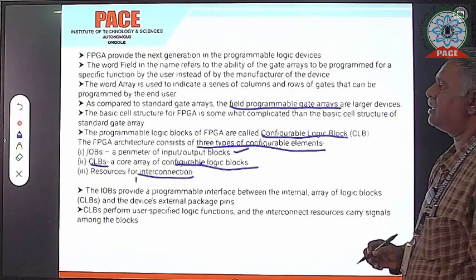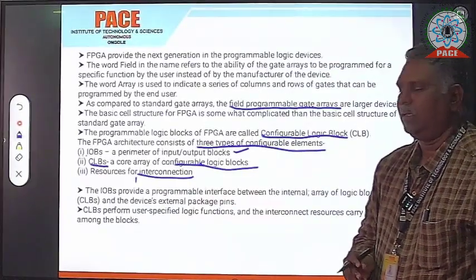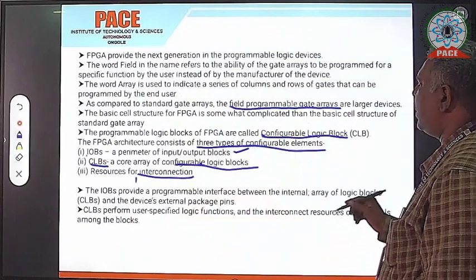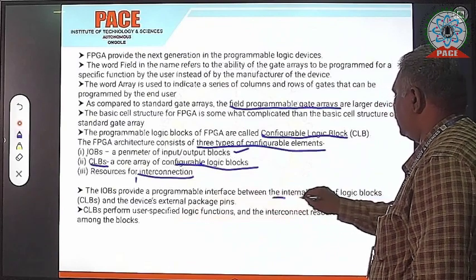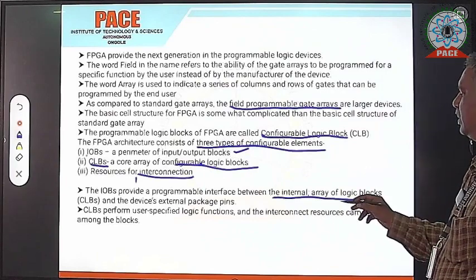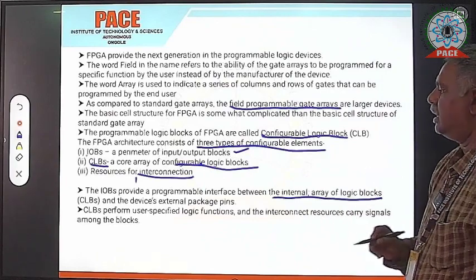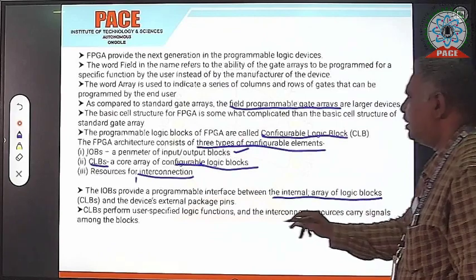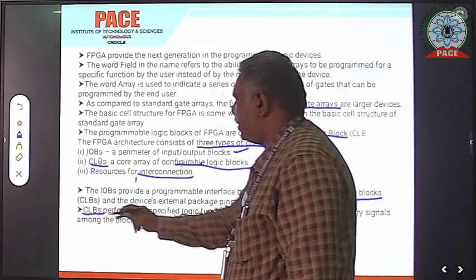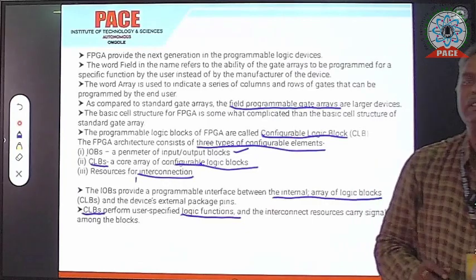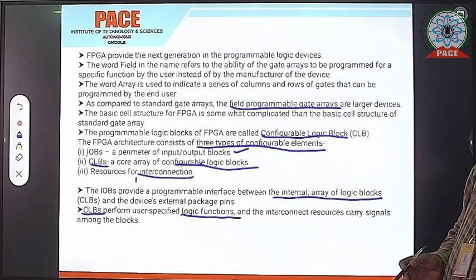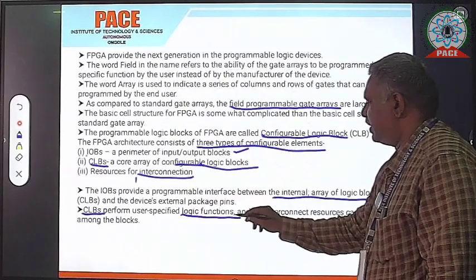So what is the function of each? IOBs provide the interaction with the internal array of logic blocks, and CLBs perform the logic functions. What are the logic functions? Flip-flops, gates, and memories are all logic functions. And these are also going to be interconnected.